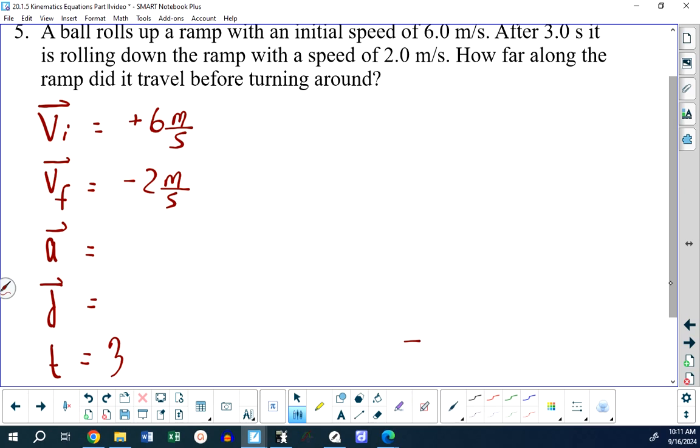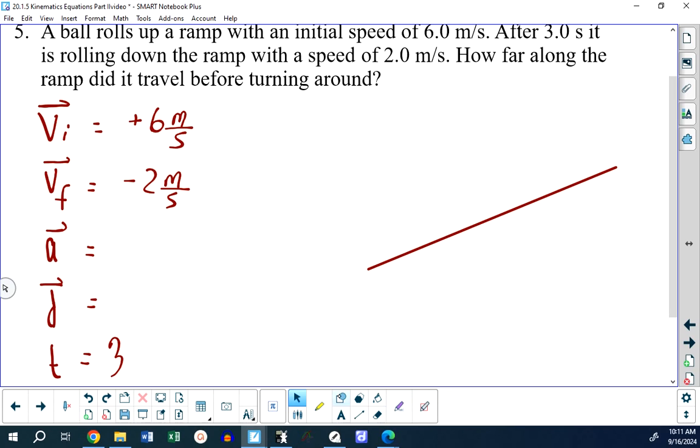So, this is not necessarily a simple question. I don't think it's as complicated as the previous ones, but what we have is a ball, and the ball is initially rolling up the ramp. I think a diagram will be useful here. At 6 meters per second.